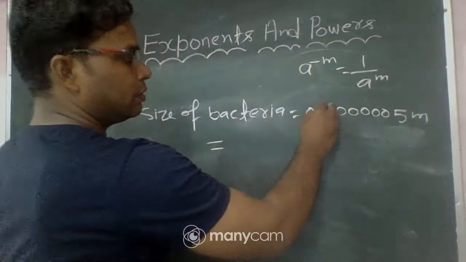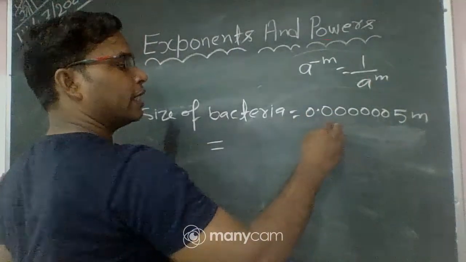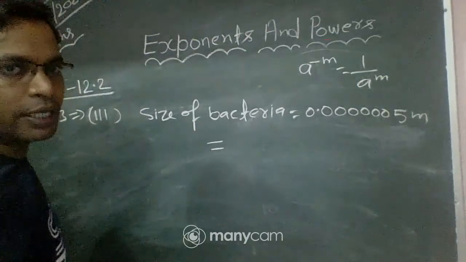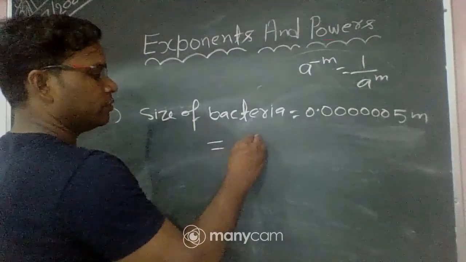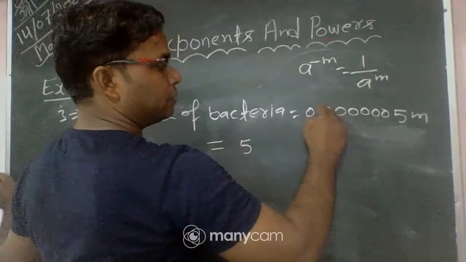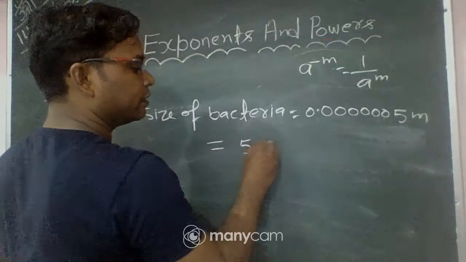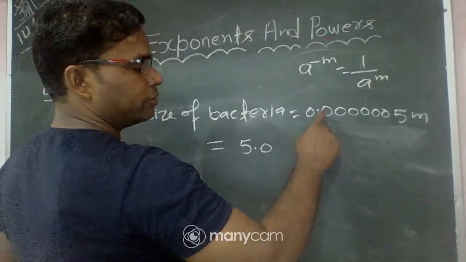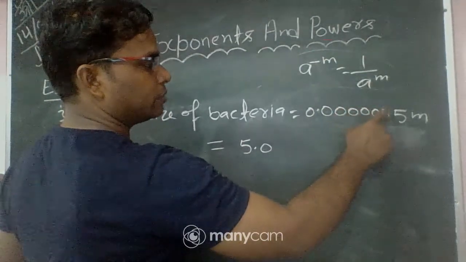So the decimal point moves to the right side until after 1 digit is left. Okay, so the decimal point moves after 5. This is now 5.0. So how many places left? 1, 2, 3, 4, 5, 6, 7.